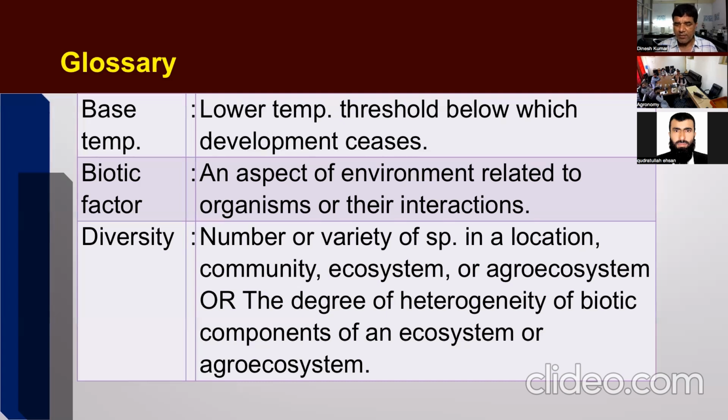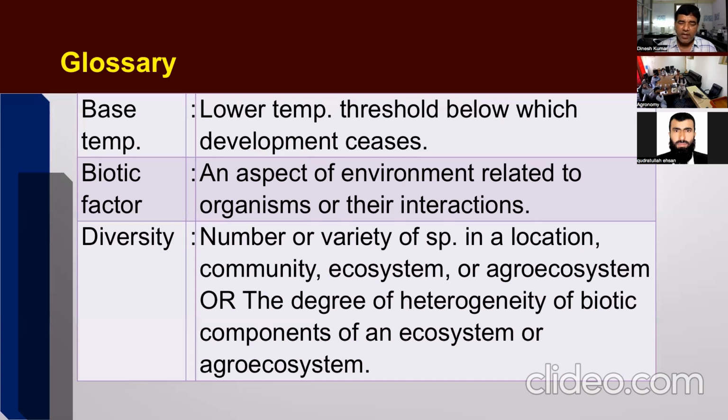Then diversity. Diversity with respect to microbes, diversity with respect to crops: the number of varieties of species in a location, community, ecosystem or agroecosystem, or the degree of heterogeneity of biotic components of an ecosystem or agroecosystem. So friends, this diversity can be at different scales.